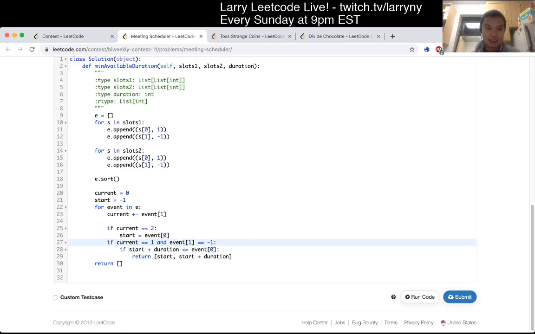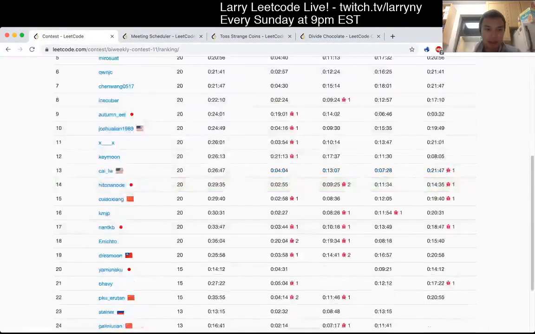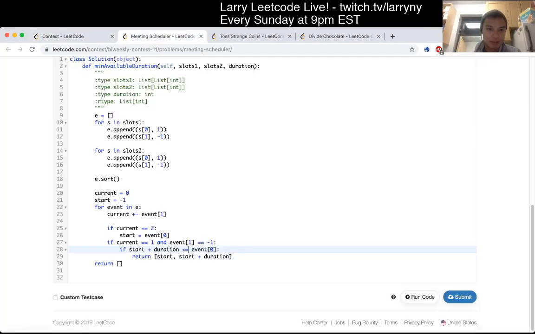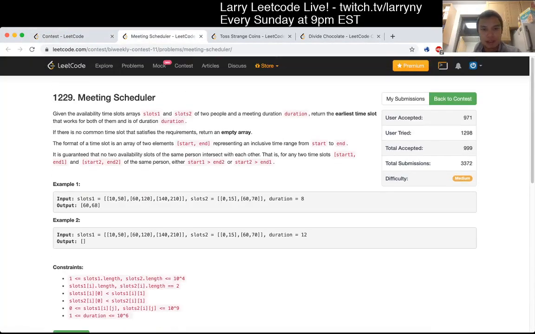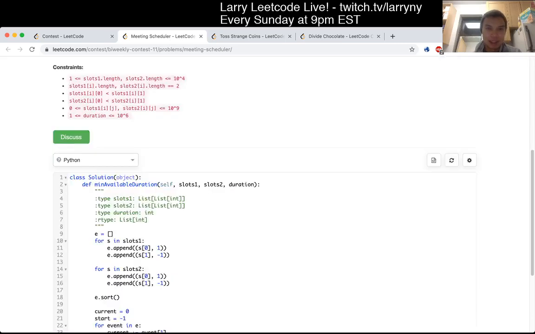And then this statement is: if now there's only 1 person, but the event is -1, meaning it went from 2 people to 1 person, that means it's the end of a possible availability. So I checked to see if the length was long enough, and if it's long enough, then we just return it. Unfortunately, I had an off by one error that cost me minutes, but I don't know. Overall, okay. I need to be better about that, but in terms of understanding the problem, that's all you could hope for sometimes.